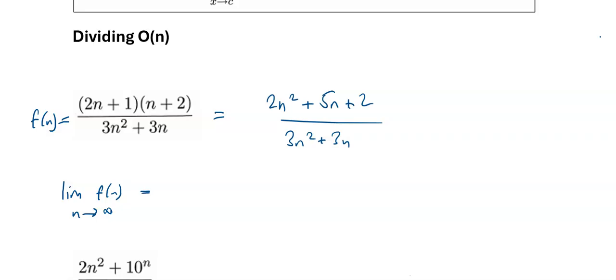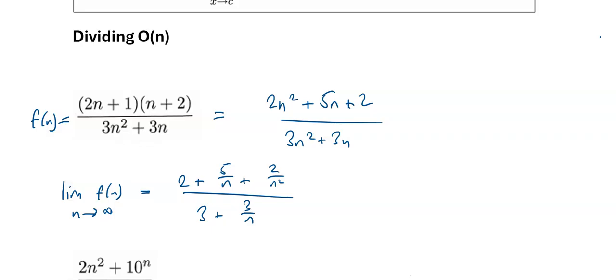And the way we're going to do that is divide everything in the fraction by the most dominant term. So looking at the terms we've got, 2n squared, 5n, 2, 3n squared, 3n, we are going to divide by n squared. That is the most dominant term, which gives us 2 plus 5 over n plus 2 over n squared over 3 plus 3 over n.